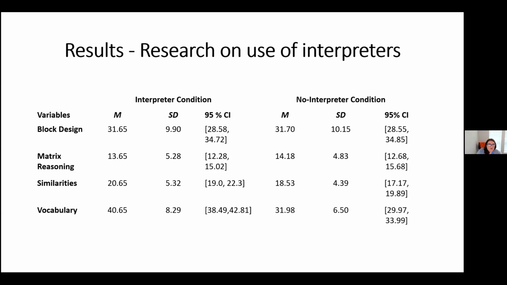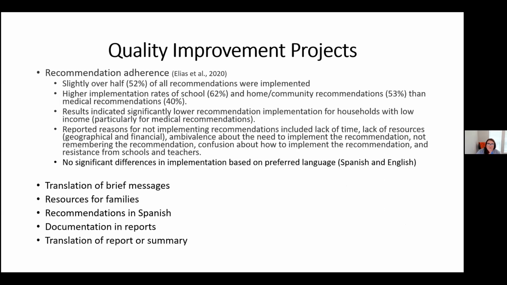So we've reviewed the research on the use of interpreters, right? So what are quality improvement projects that you can do when you're working with interpreters or language services? Using an interpreter for one patient, that's one thing, right?